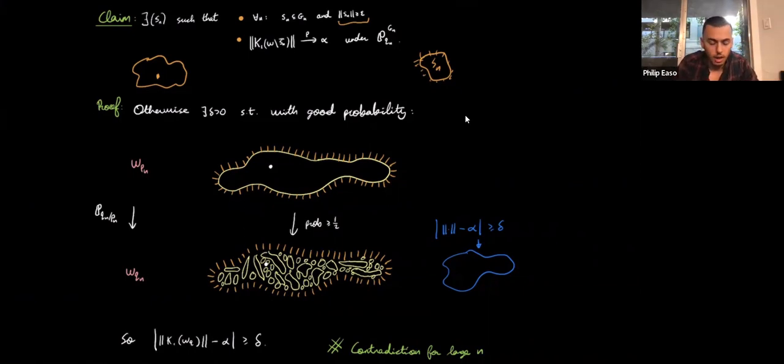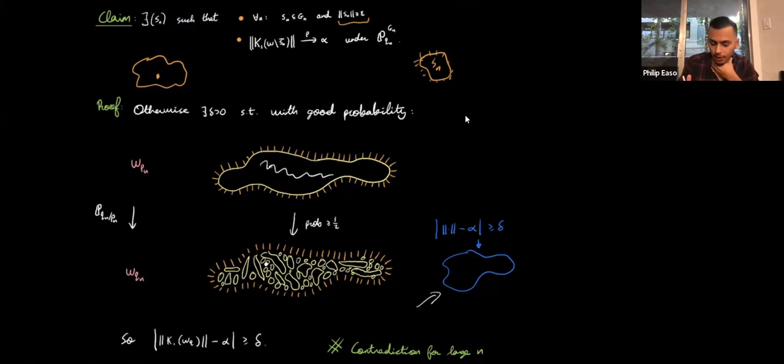So to prove this, suppose for contradiction this wasn't the case. So that would mean that with good probability, I might explore the cluster under Pn of a particular vertex. So that's what's happening here. And with good probability, I can do that, but then the omega Qn configuration outside of this set will, with good probability, not have a largest cluster of density around alpha.